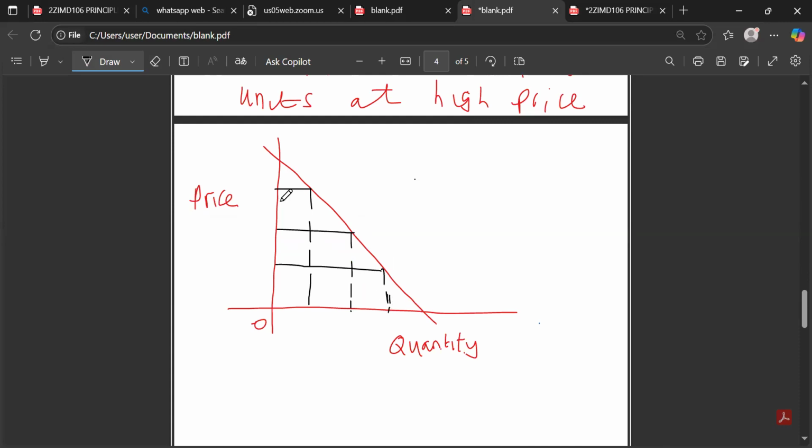Meaning, for example, if we have a watch at 150, they find that the demand is 30 units. Then we drop the price to half of it, 75, and we find that demand gets to 60.